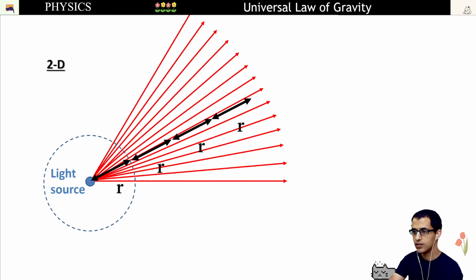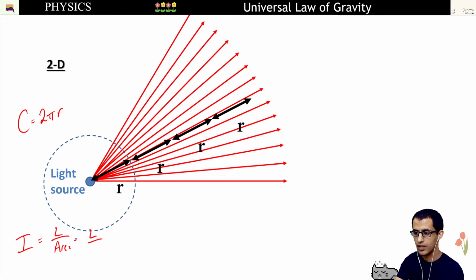At a distance r away, all those light rays are going to spread out over the circumference of this circle. And we know that the circumference of a circle is equal to 2 pi r. The intensity is equal to the luminosity over the area, which is going to be L over 2 pi r.